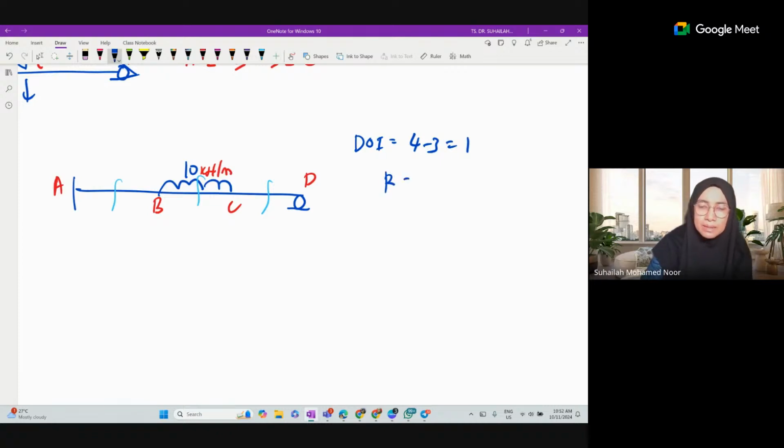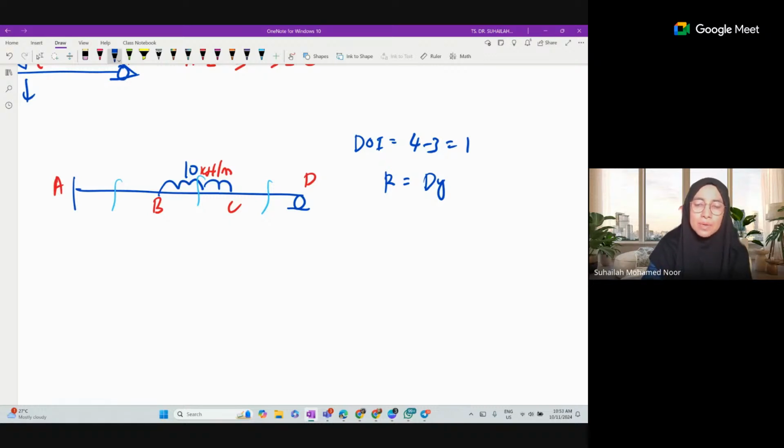Let's say if we want to analyze a cantilever beam, we should remove Dy. If we remove the moment at A, we will get a simply supported beam. So you can see that the name of the redundant will change depending on the redundant that we choose.